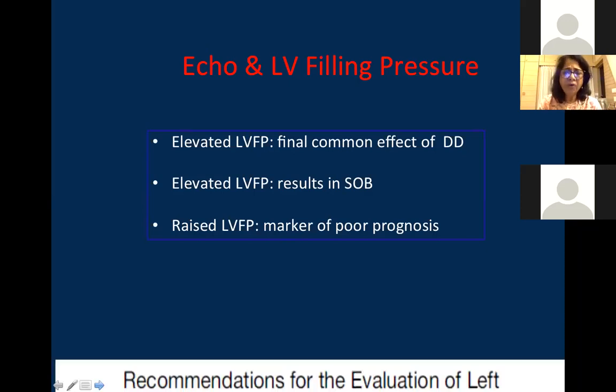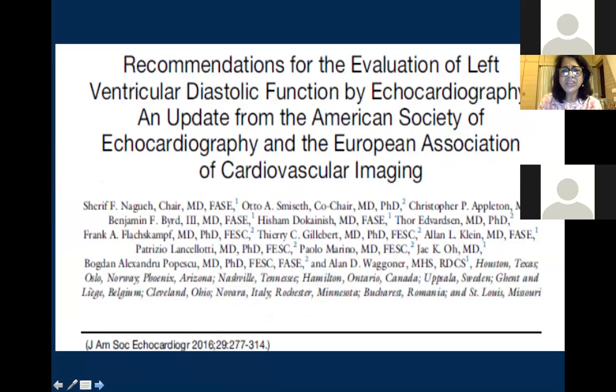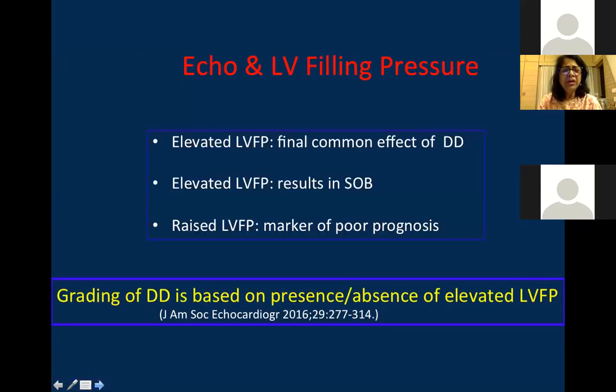And moreover, as per the latest ASE guidelines for evaluation of left ventricular diastolic function by echocardiography, the grading of diastolic dysfunction is based on the presence or absence of elevated LV filling pressure.